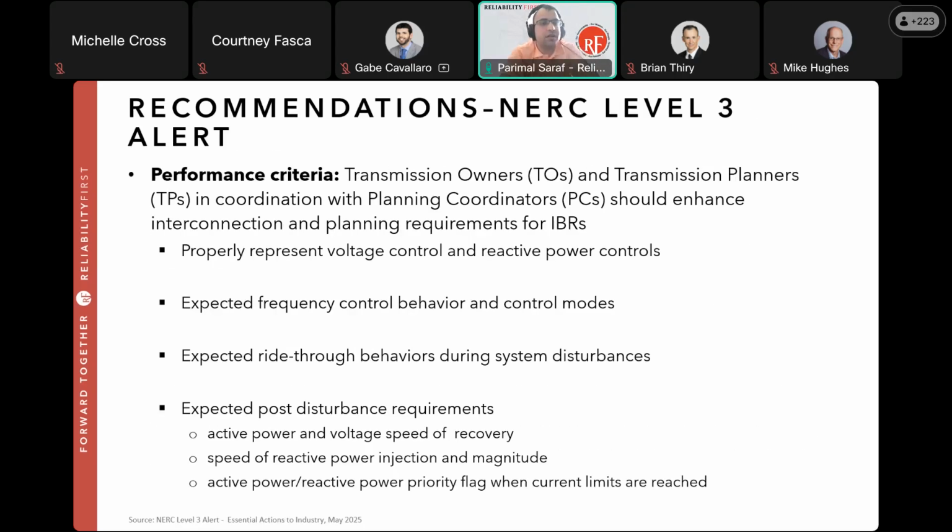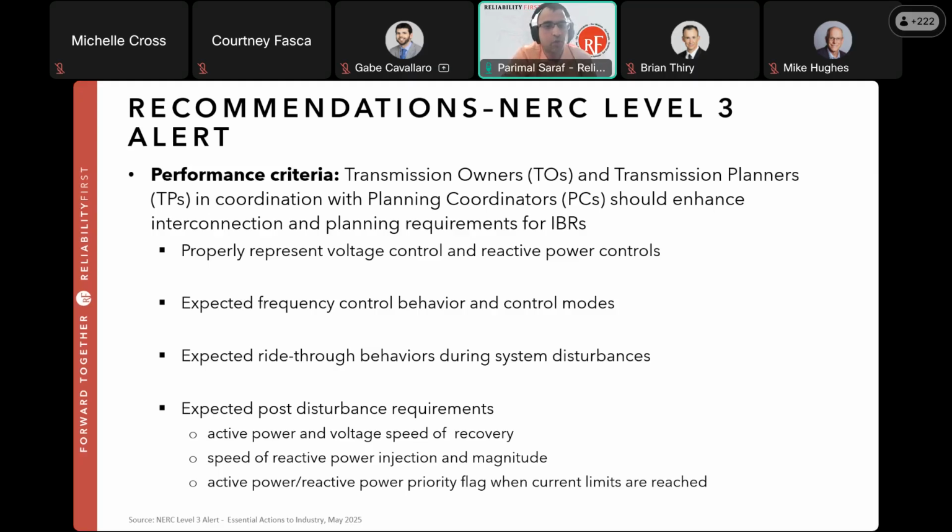As part of the NERC recommendations out of the level 3 alert, these can be broadly categorized into two main categories. One is performance criteria requirements, and the other is model accuracy requirements. In terms of performance criteria, NERC recommended that each of the TOs and TPs, in conjunction with the PC, should come up with specific performance requirements that they require from these IBRs, which means they should have specific requirements as to how these IBRs should help in terms of voltage and reactive power control.